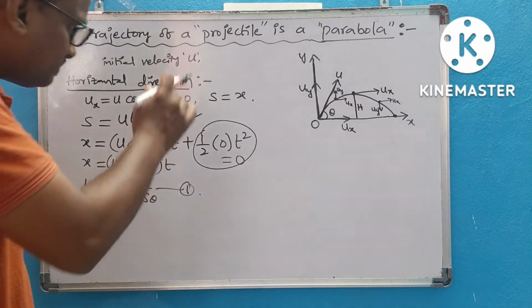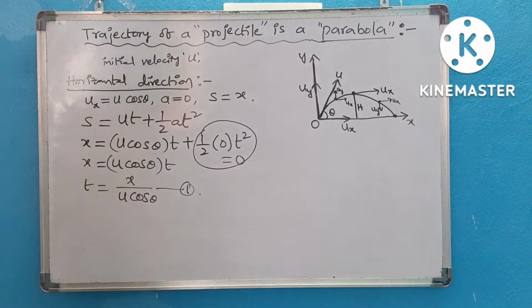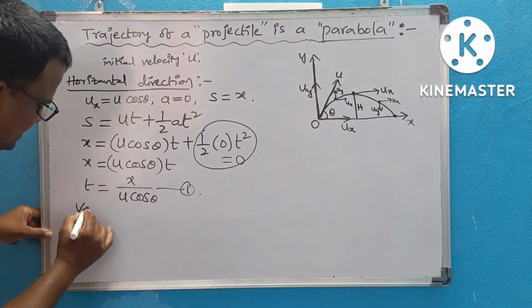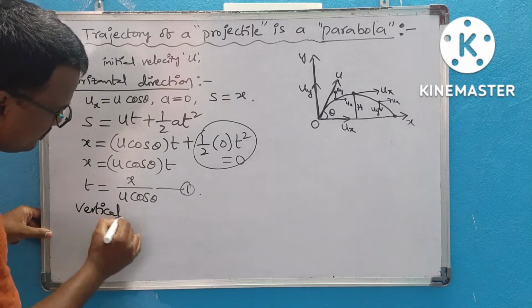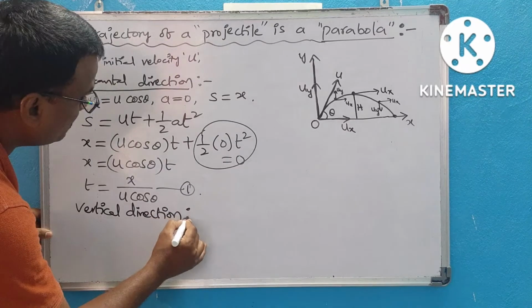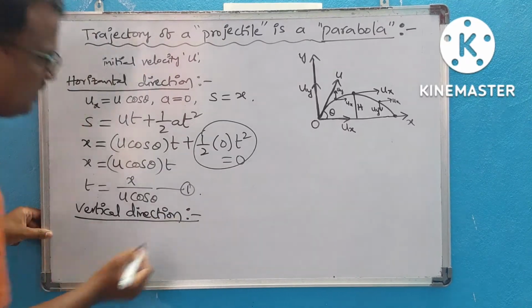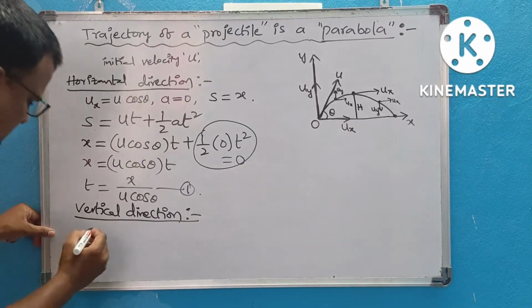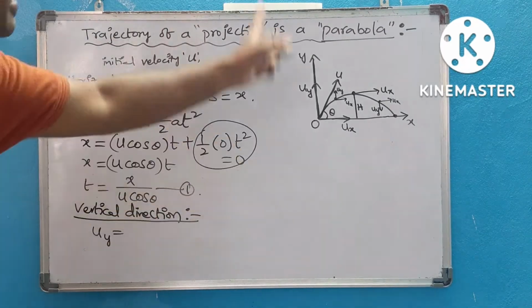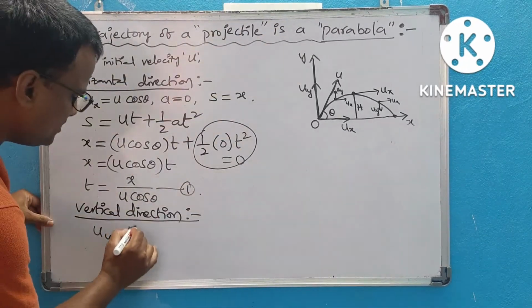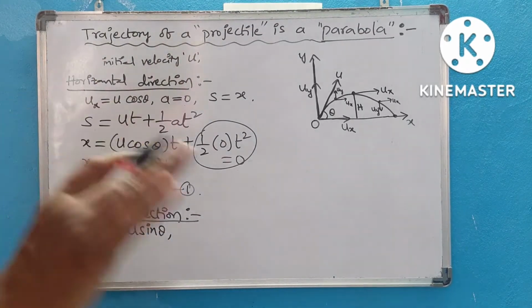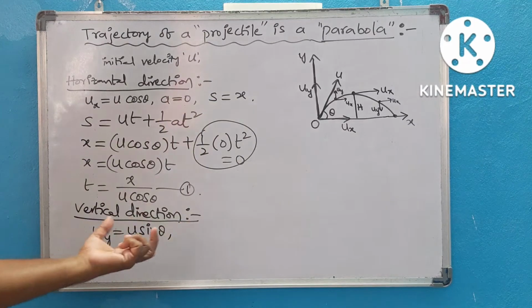So now we will solve the equation for the vertical direction. For the vertical direction, u can be taken as uy. So uy means u sin theta. The vertical component can be taken as sin theta, and the horizontal component as cos theta.